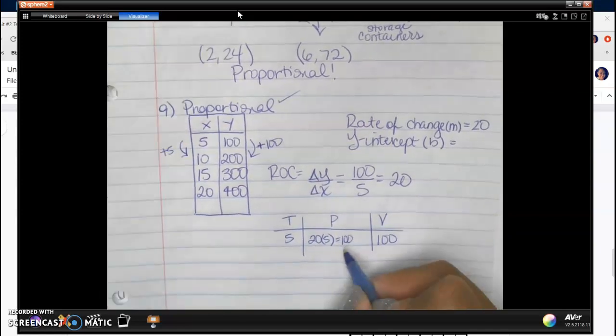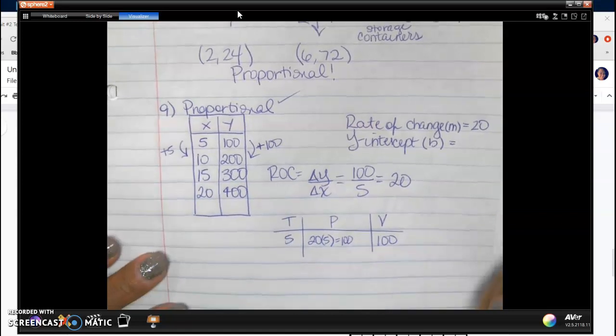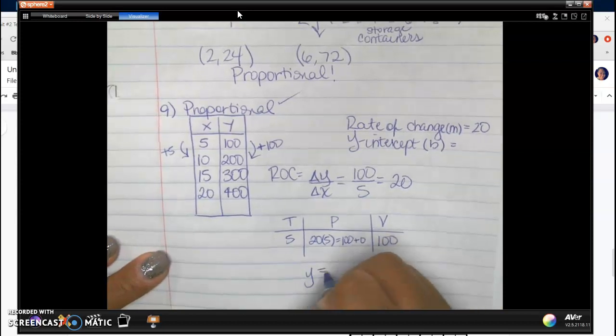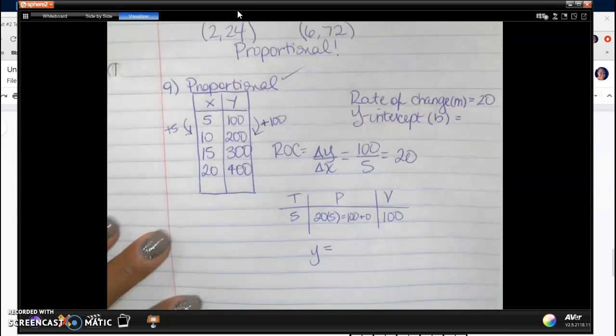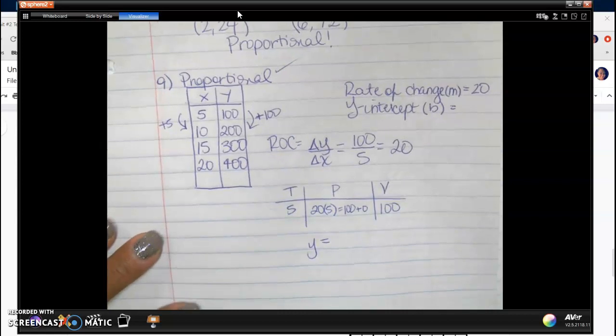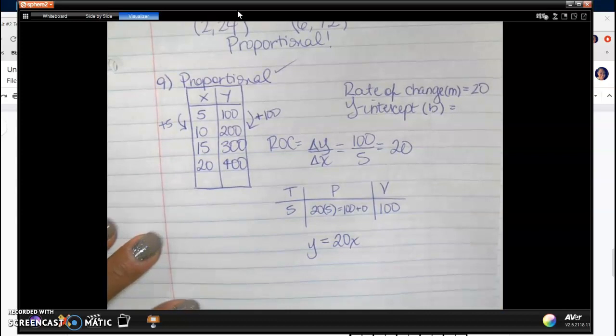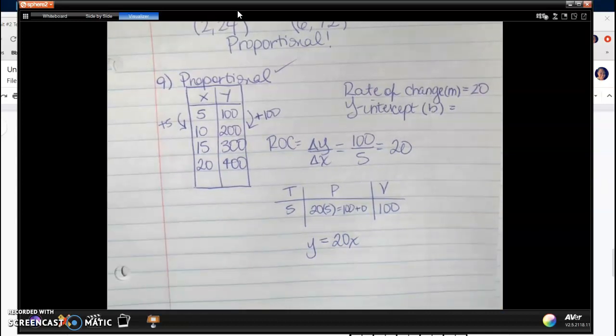What do I have to add to 100 to get 100? Plus nothing. So then, pay attention. What is my equation? 20 times what? Plus what? 0. I don't have to put the plus 0. It's just y equals 20x. But yes, you're still correct.